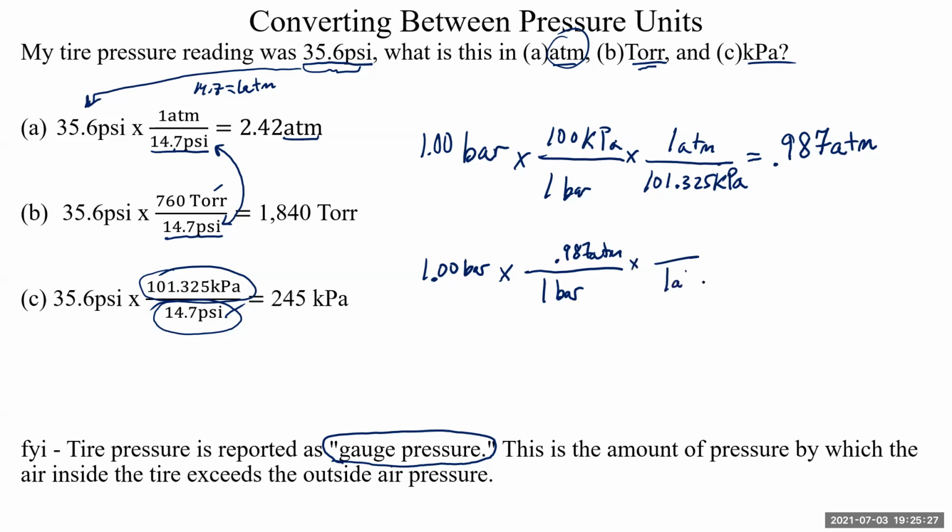And we know that 1 atmosphere is 14.7 psi, pounds per square inch. Then we can just take 14.7 times 0.987, and that gets us 14.5. So 1 bar is 14.5 psi. So there you have it. So just under an atmosphere and just under the number of psi at room temp, or actually I should say sea level atmospheric pressure.